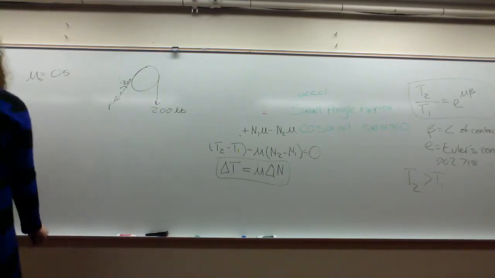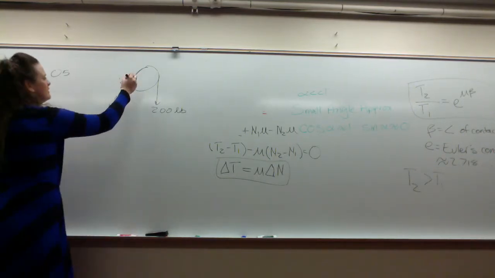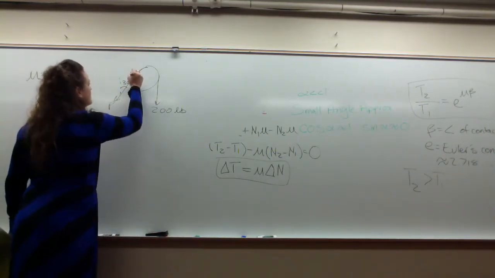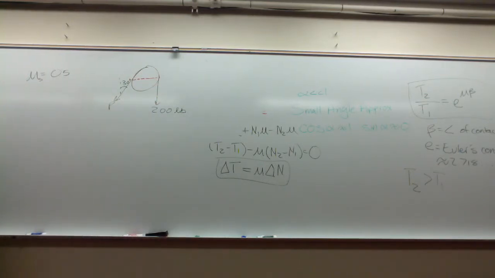Okay, who said 150? Carson, why'd you say 150? I'm not super sure if it's right, but I did because it's 30 degrees from being like 180 degrees. So we're horizontal there, and we're coming off at a 30-degree angle.